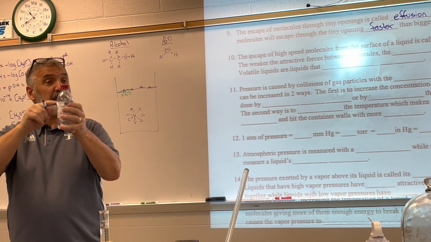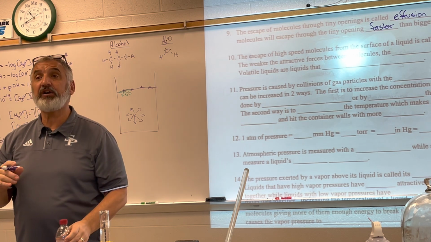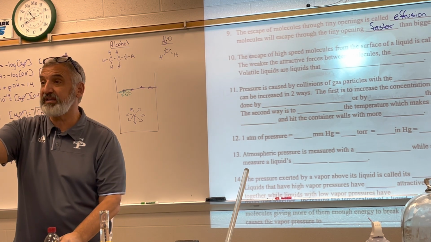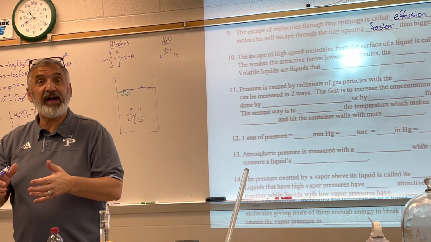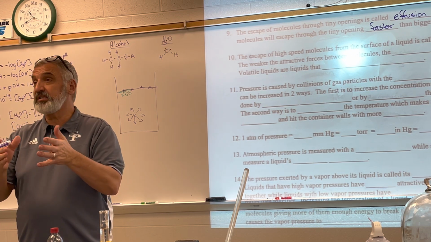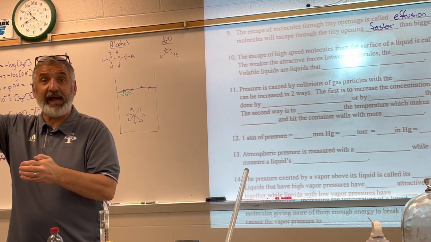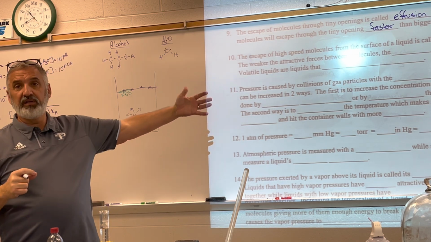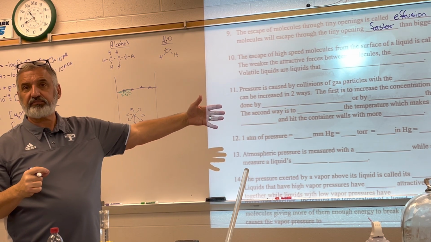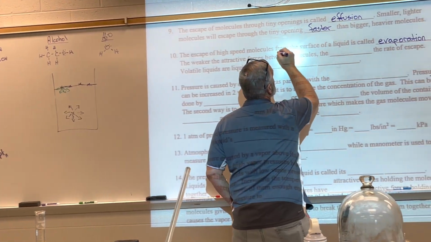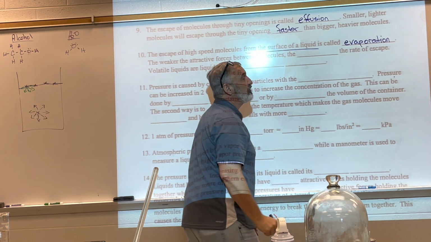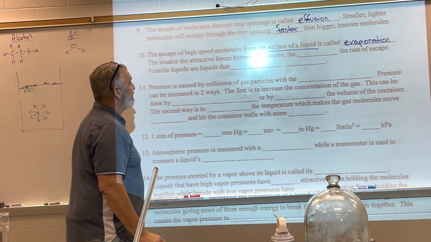But when the container is open, like your beakers right there, then we call the process of vaporization evaporation. It's just the same thing, liquid to a gas, but from an open container. Now, here's the key: from the surface of a liquid only.